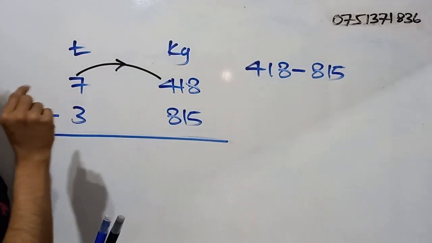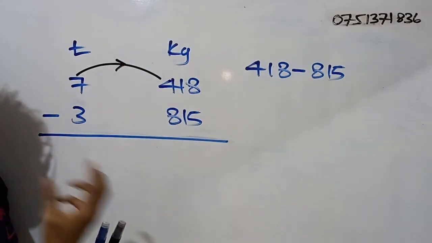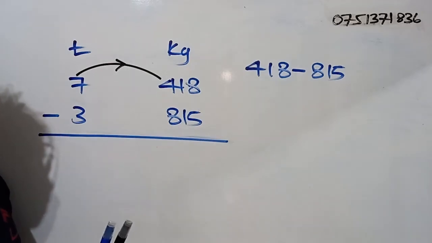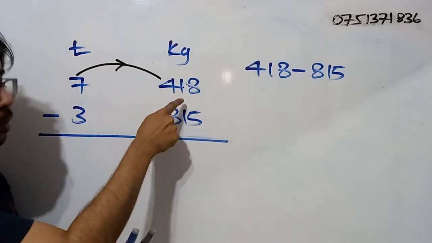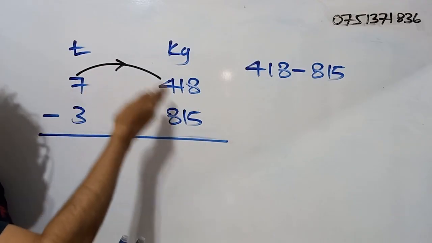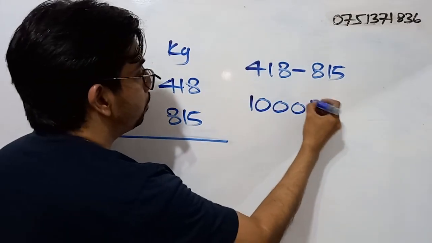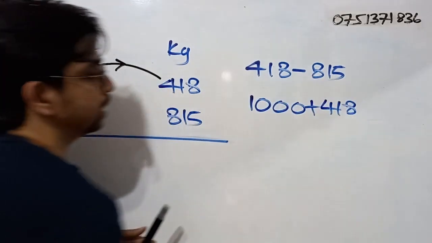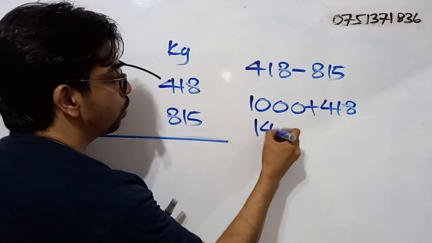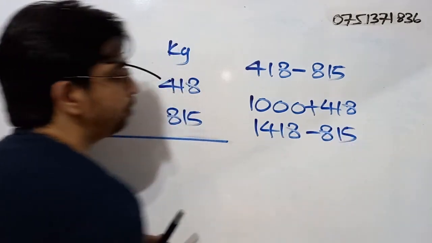So when that 1 ton comes over to the kilogram side, it becomes what? 1000 kilograms. So in this position, how many kilograms are there after we borrow a 1 metric ton? What is that? 1000 plus 480. So what do we get? 1418.